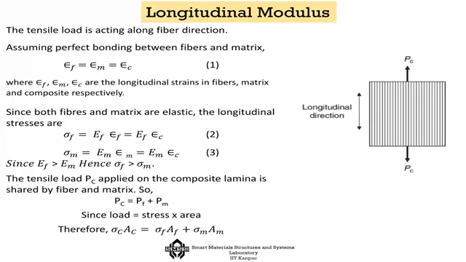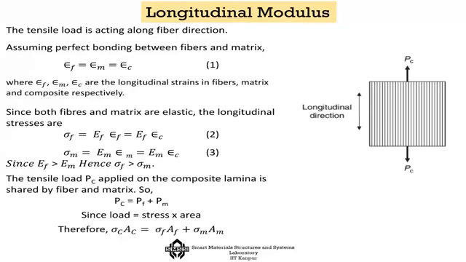I can show it to you through this particular example. Consider that this spring is for the fiber and this spring is for the matrix. If I apply the load, you will see that the entire load is shared between the two springs. So the two springs are sharing the load, one is the fiber and the other is the matrix.